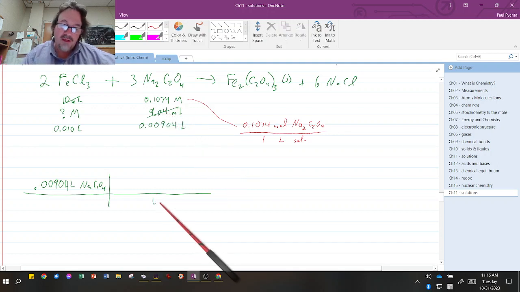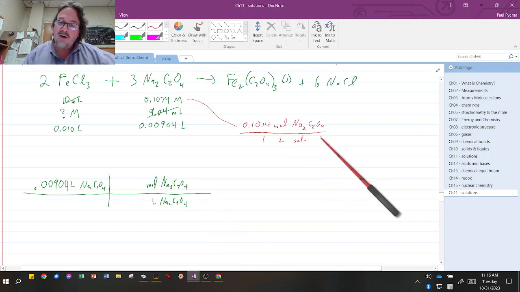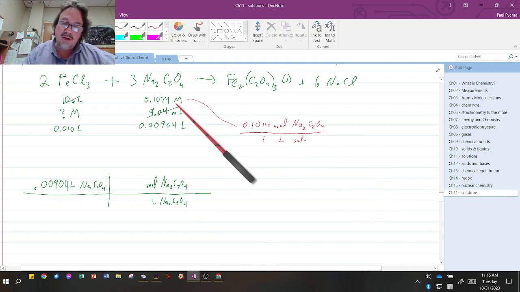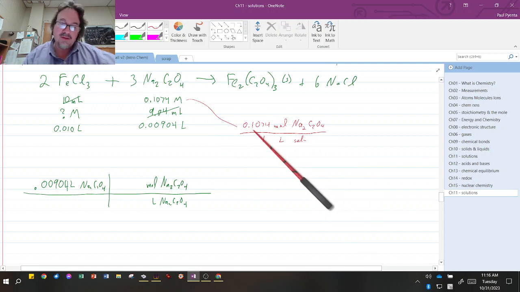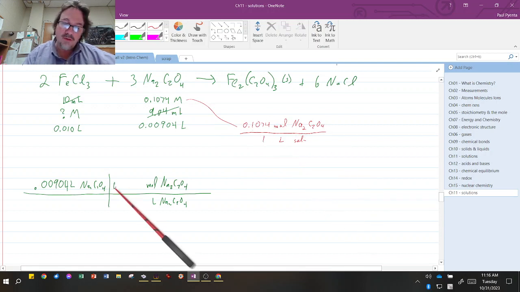And so I can go from liters of sodium oxalate to moles of sodium oxalate, because I know right there its concentration, again, of this guy, 0.1074. I know what that conversion is there because they gave me the concentration, 0.1074. Liters and liters cancel.